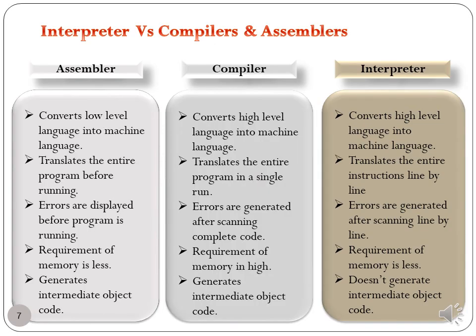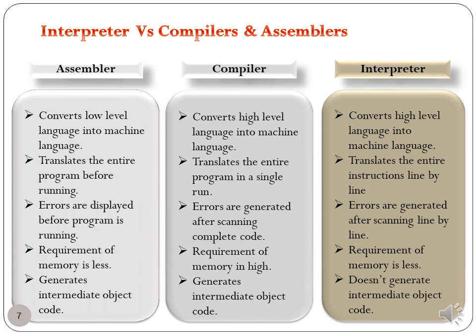In this topic, we discuss the differences between the previously introduced assemblers, compilers, and interpreters. According to the chart, an assembler converts low-level languages into machine codes, while compilers and interpreters convert high-level languages into machine code. Assemblers translate the program before running, and interpreters translate instructions line by line.